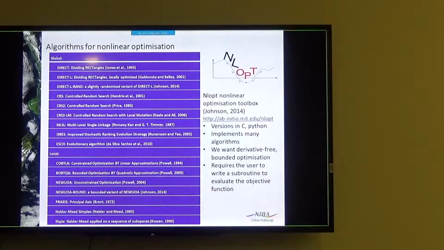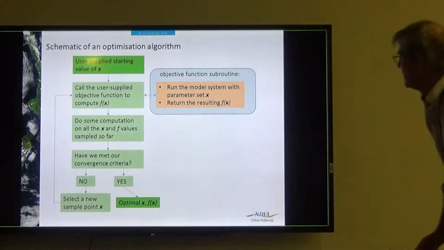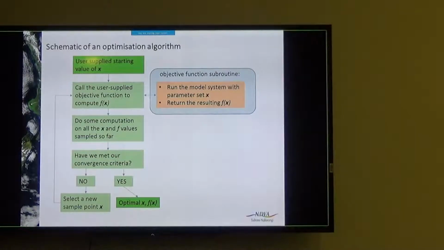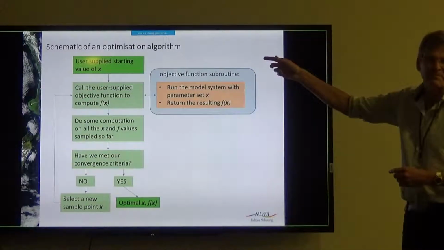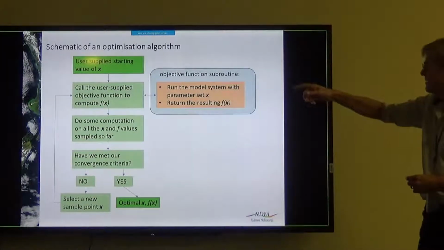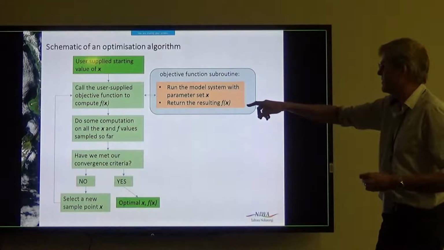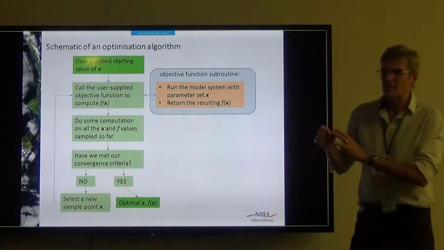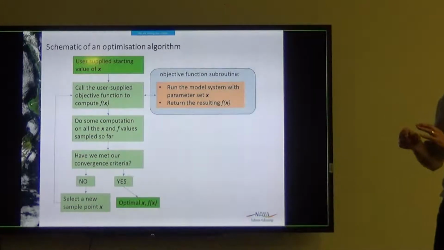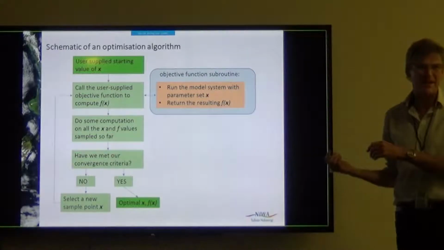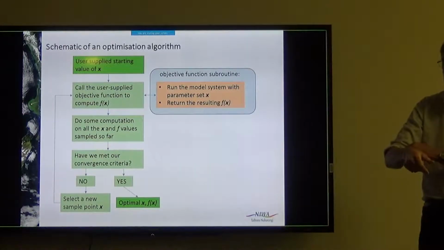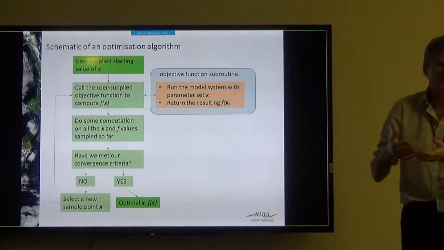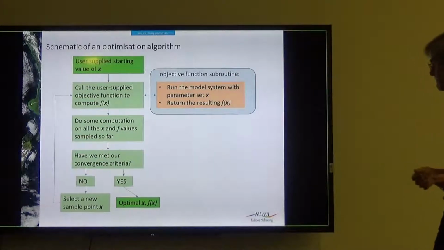But generally how they work is, you write some Python code, and it works like this. You tell it some starting value. It'll iterate through, and it'll have some subroutine, which the user is supposed to write, which comes back and says what your value of the objective function is, and then it'll apply some algorithm to optimise that.